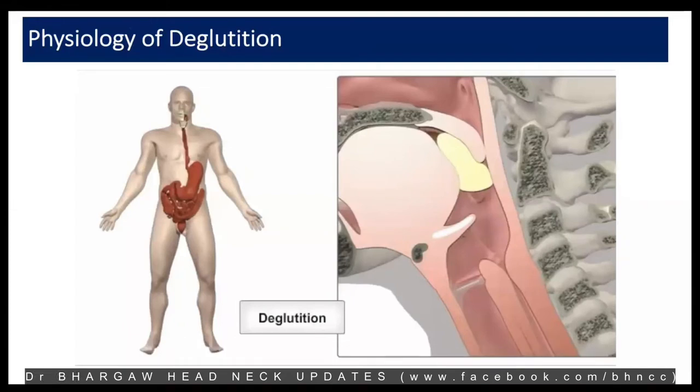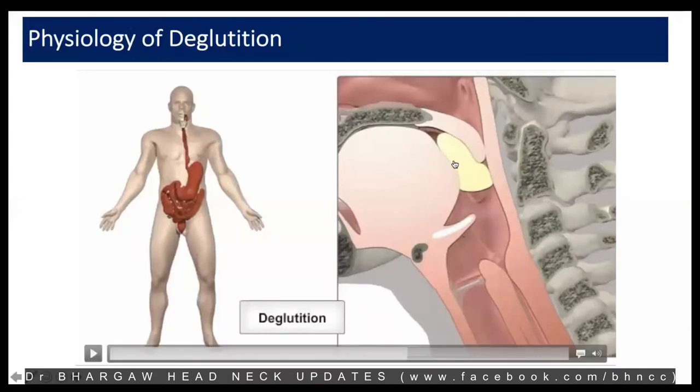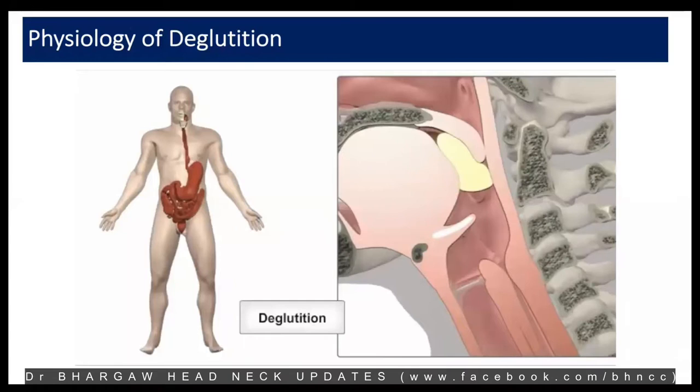Now, this is the most important phase of swallowing, because this is where the involuntary reflex starts off. You don't have voluntary control once the food reaches the oropharynx, and the mucosa of the oropharynx has a lot of stretch and pressure receptors, which sense the food and the type of food coming in. Then your brainstem swallowing center takes over the whole act of swallowing.